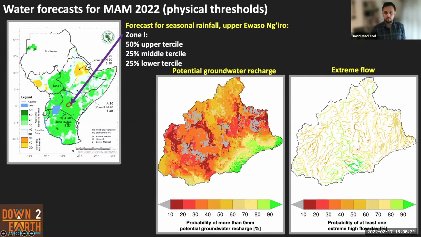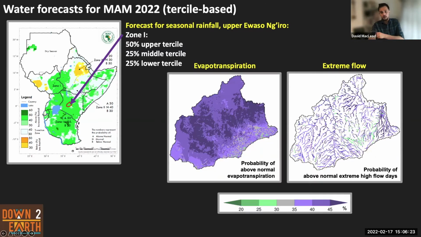Now, up to that point, what I've shown you is forecasts for what we call tertile events. What that means is that we're looking at each pixel separately and considering the historical distribution: what is above normal or what is below normal. We look at the years and take the top third and call them upper tertile, and the bottom third are lower tertile. So above normal is defined separately for each pixel.